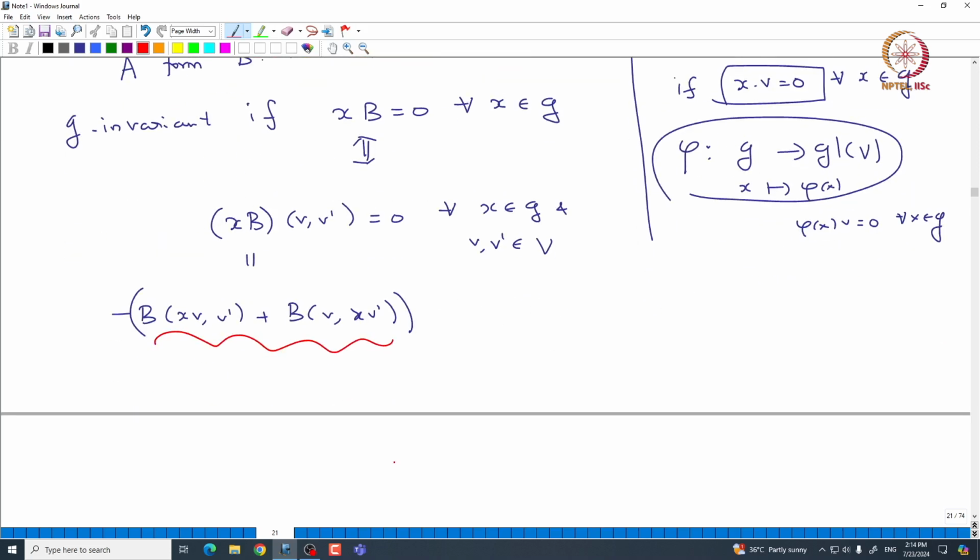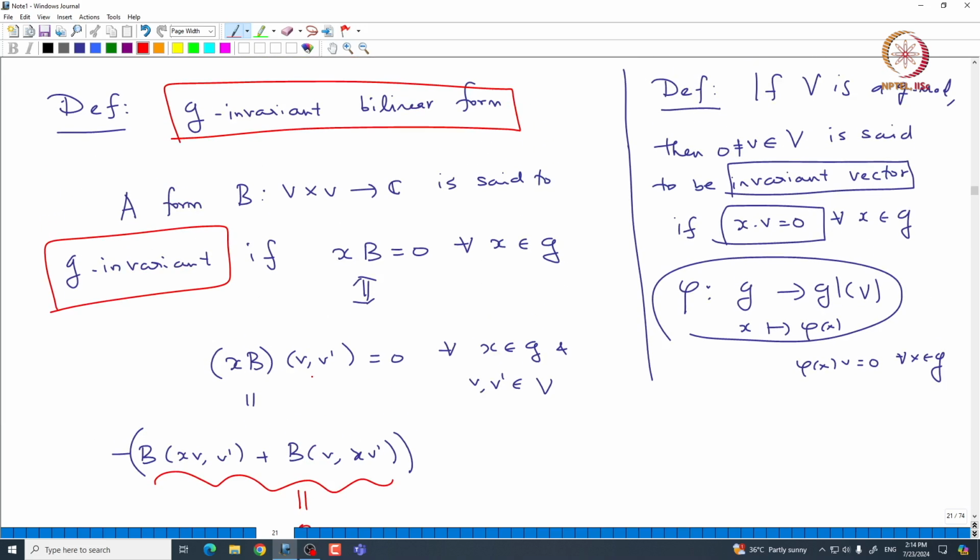So, B of X V, V dash plus B of V, X V dash should equal 0 for all V, V dash in V and X in G. That is what an invariant form means.